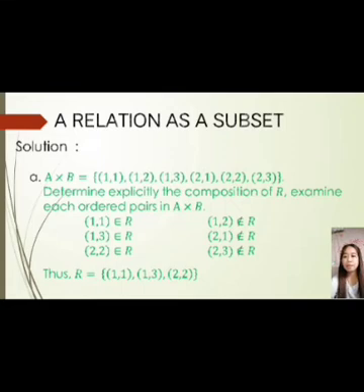If A and B are two non-empty sets, then the relation R from A to B is a subset of A cross B. If (a,b) is an element of R, then we write aRb, read as a is related to b.